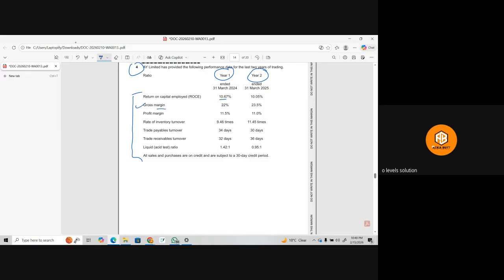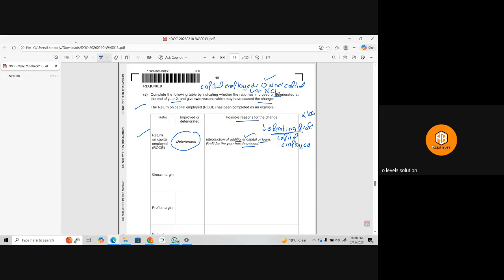Next, as you can see, gross margin was 22%, and now this is 23.4%. So it is improved. First of all, let's write that it is improved, and why it is improved. Basically, GP margin means gross profit divided by revenue multiplied by 100.